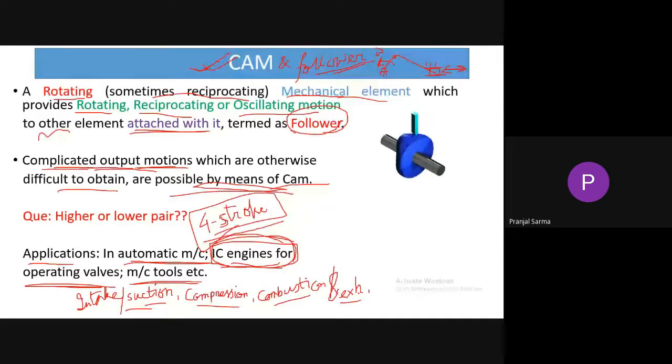The fuel goes into the cylinder in the suction, I think. Then in compression, it compresses the fuel, basically the air and fuel mixture. Yes, so the mixture is correct. Then combustion, it gets ignited and it gives you the power.